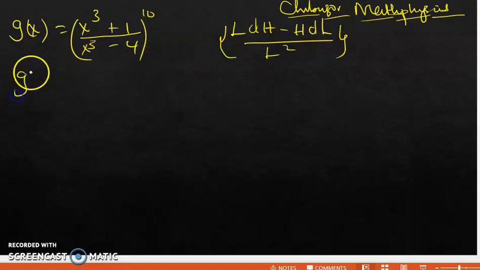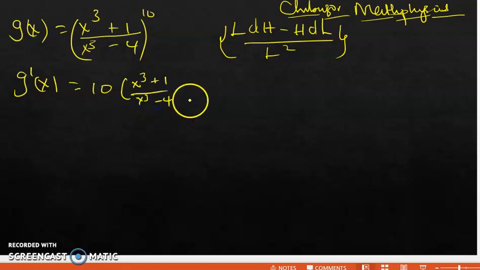So g prime of x in this case would be, first of all, multiply this by this, so bring it down. It will be 10 into x cubed plus 1 divided by x cubed minus 4. So minus 1 here, you will get 9.